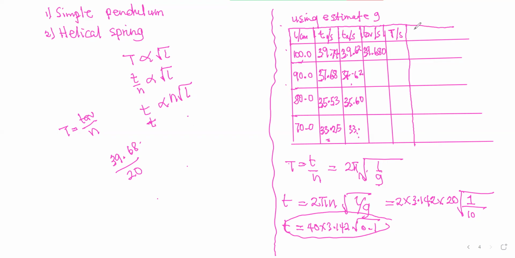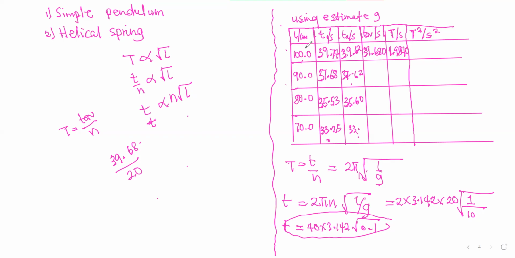Then let's assume the instruction also asks that you find T squared, the square of this period. So what did you make for T, the period? 1.984. So 1.9840.